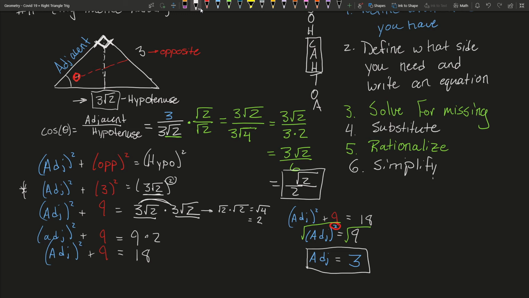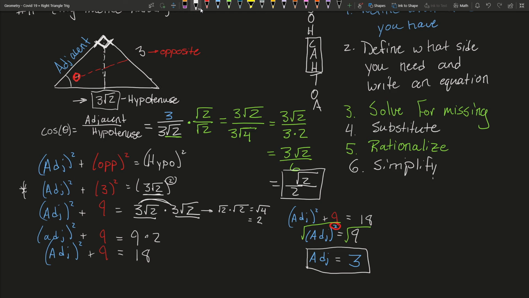Okay. I get that this looks like a lot, and that's why we're practicing it, because really there's no shortcuts here. It's really about getting to understand these radicals, and as soon as you are used to dealing with these radicals, it gets a whole lot easier.